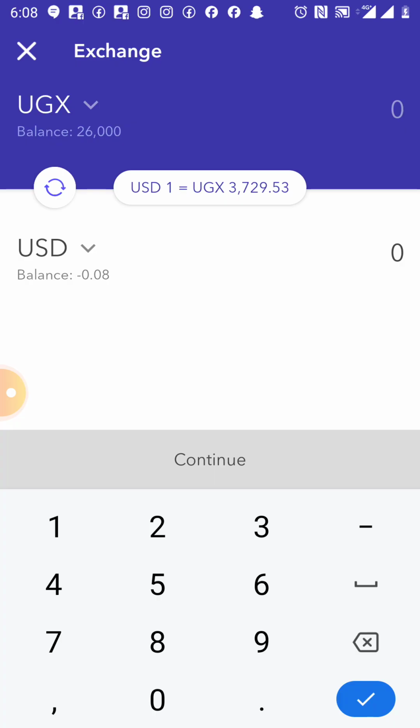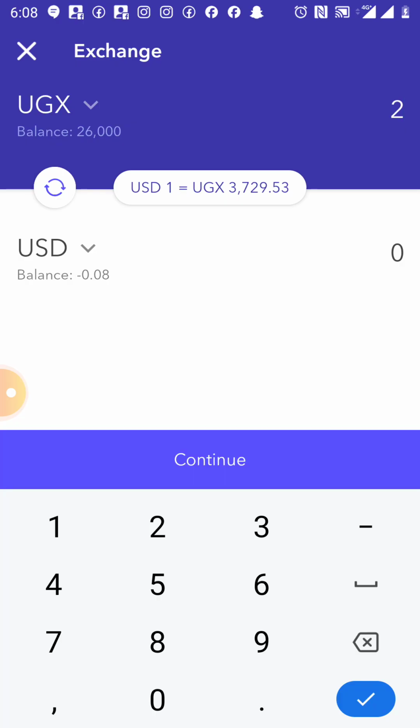So if we have 26,000, at least let us leave that balance of 1,000. So if we put our 25,000, how many dollars are we getting? There are just $6 that we are basically getting out of that.